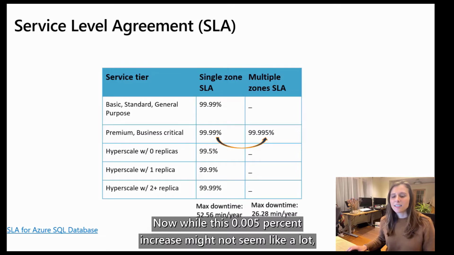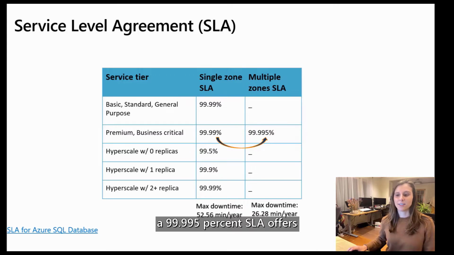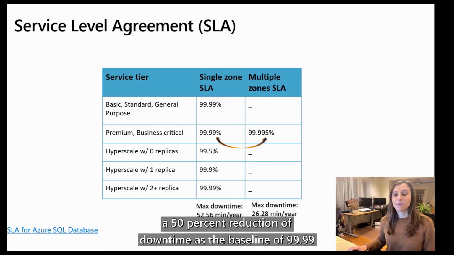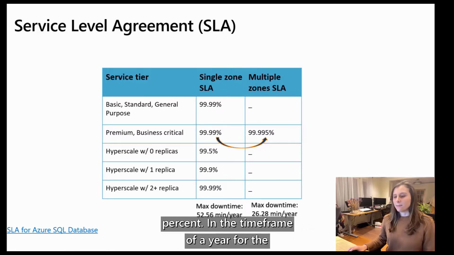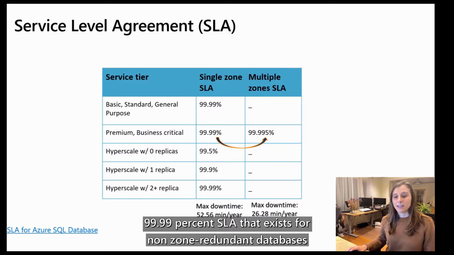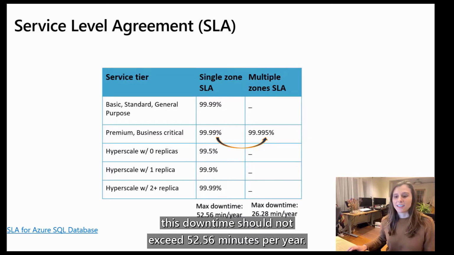Now, while this 0.005% increase might not seem like a lot, a 99.995% SLA offers a 50% reduction of downtime compared to the baseline of 99.99%. In the time frame of a year for the 99.99% SLA that exists for non-zone redundant databases, this downtime should not exceed 52.56 minutes per year.